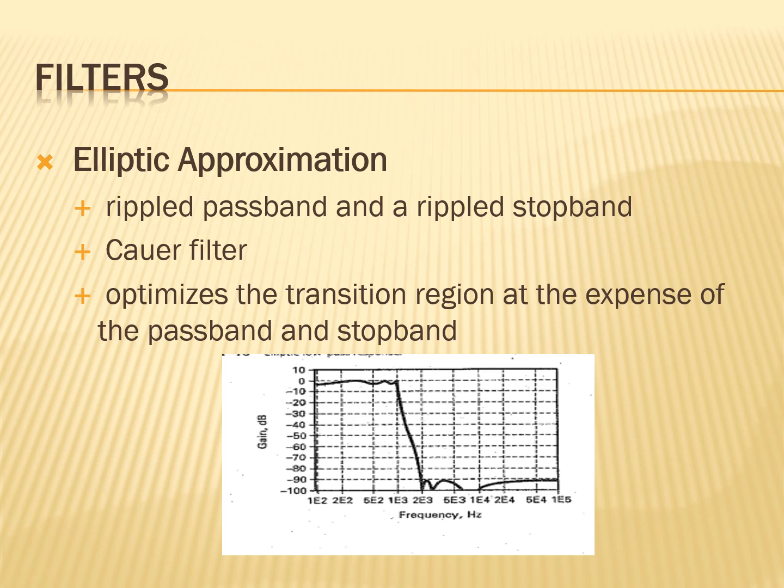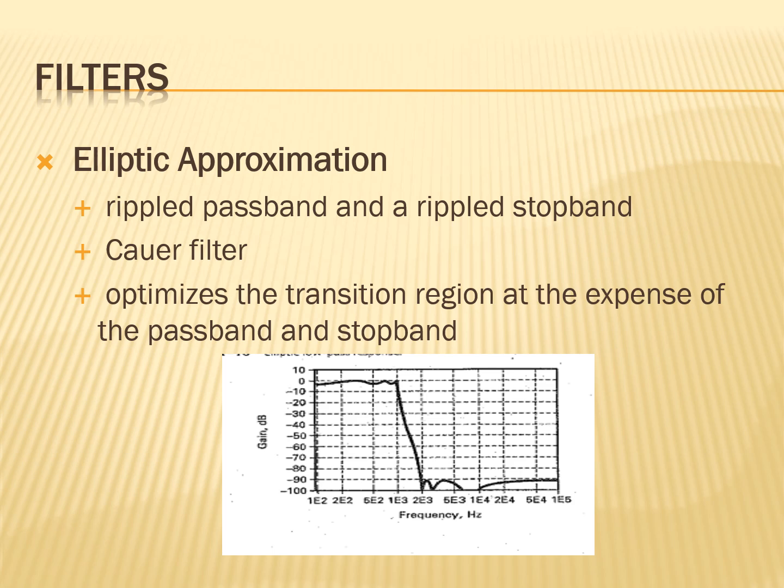It is also called the Cauer filter. It optimizes the transition region at the expense of the passband and the stop band. However, this is the one having the fastest roll-off. A rippled passband, a very fast roll-off, and a rippled stop band: this is the characteristic of an elliptic approximation.